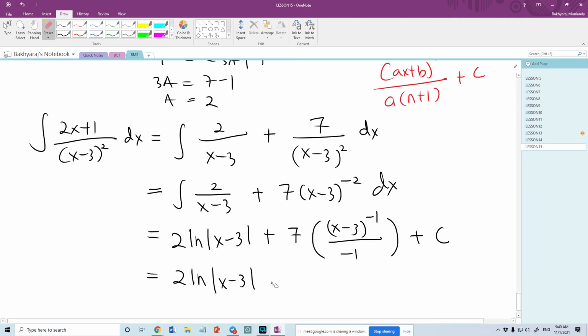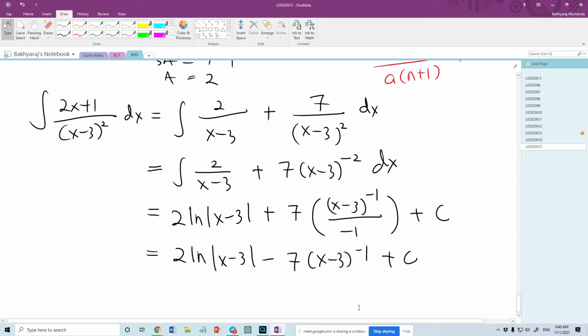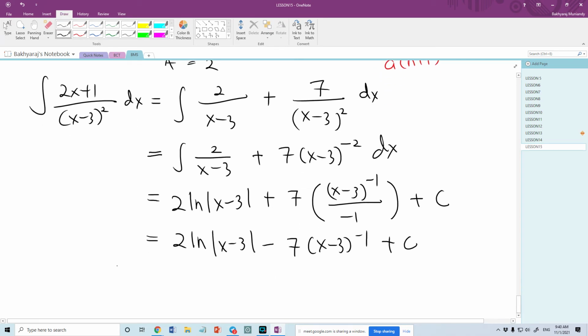So you get negative 7, and then x minus 3 to the power of negative 1 plus c. So negative 1 we put back as the denominator again. So 2 log x minus 3 minus 7 over x minus 3 plus c.